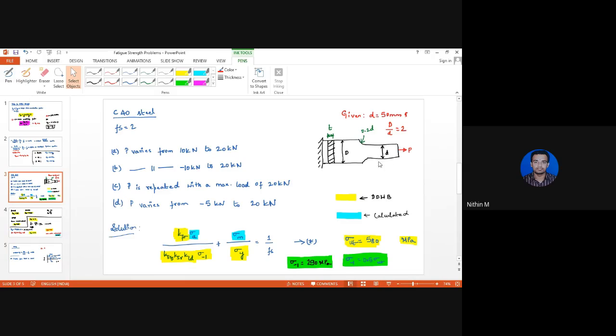So that is the reason why we will always consider the minimum cross-sectional area while solving the problem. This is one thing that you need to remember, irrespective of the type of problem, whether the load is static, fatigue, or impact in nature, we will always consider the minimum cross-sectional area.